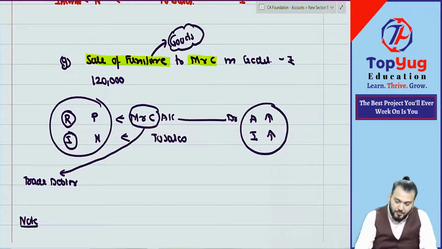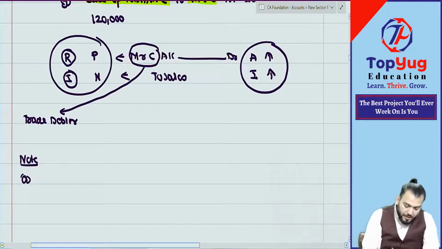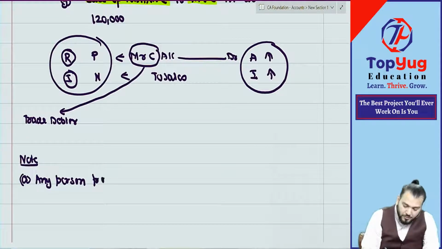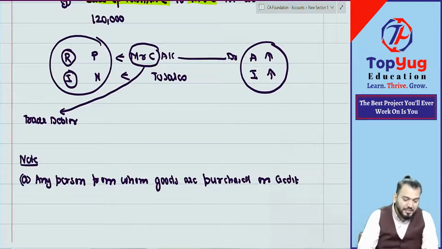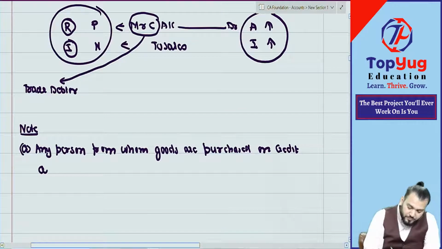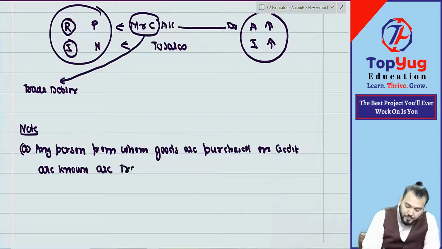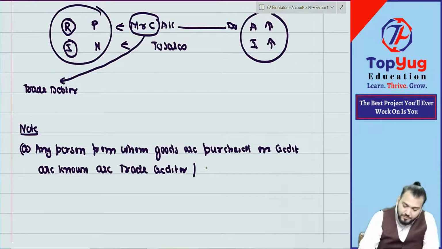Write down one note. Any person from whom goods are purchased on credit are known as trade creditor, or we call them trade payable.